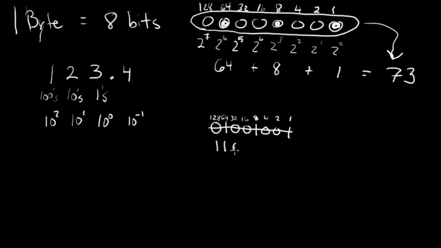1, 1, 0, 1, 0, 0, 1, 1. There, that's different. Okay, so there is a 1, a 2, no 4, no 8. There is a 16. There is a 64. And there is a 128.